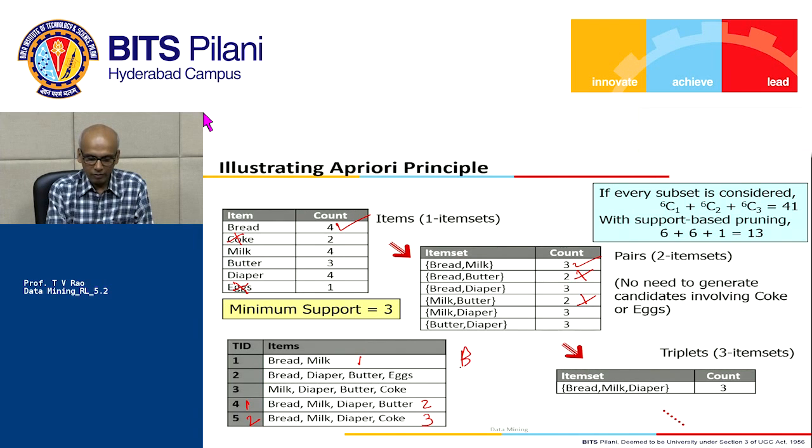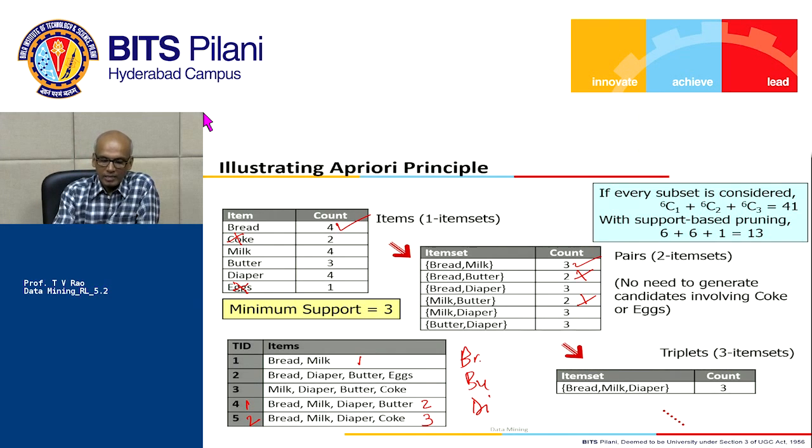Now let us say we form bread, butter and diaper. We start looking: is diaper, butter existing? It is existing. Bread, diaper is existing.